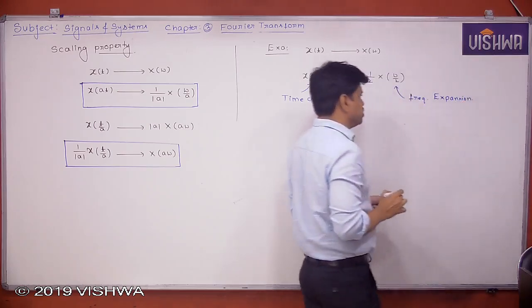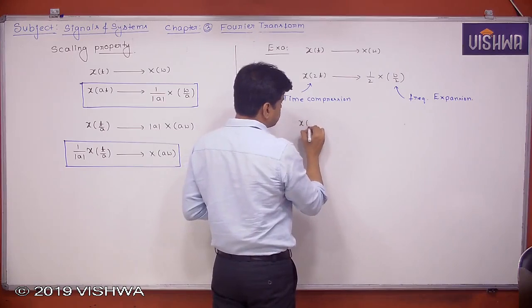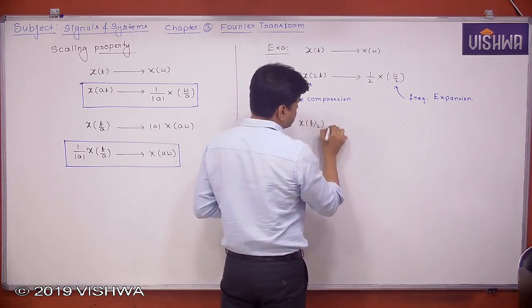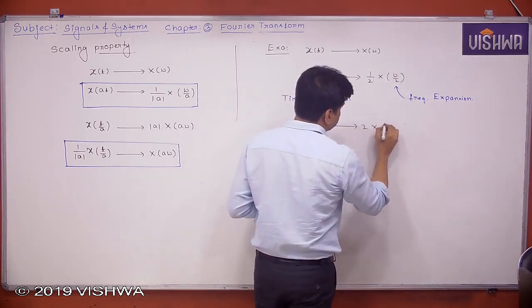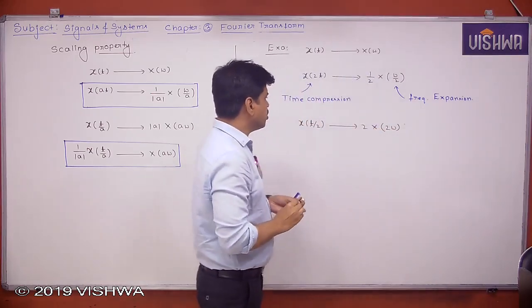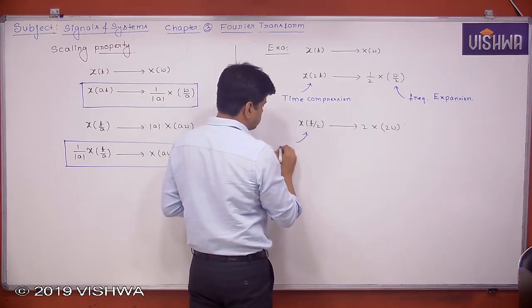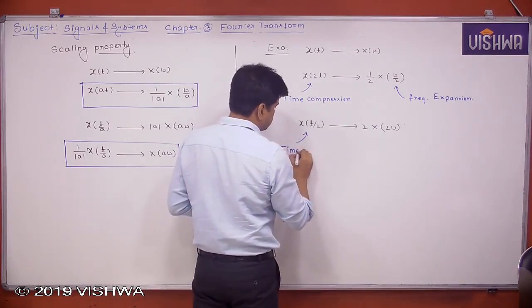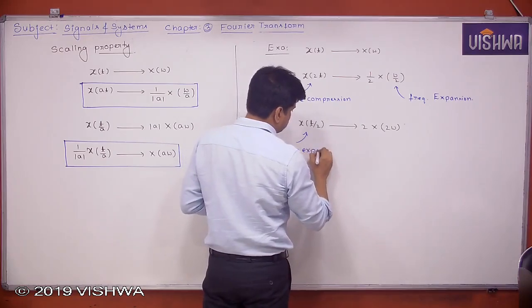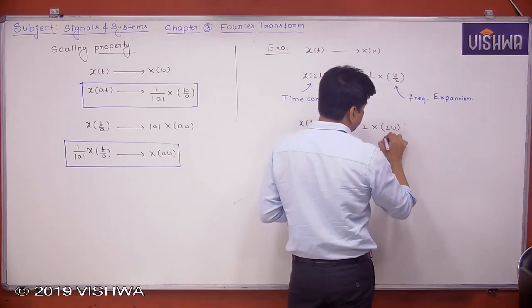Suppose I take x of t by 2, then we are going to get 2 x of 2 omega. So here, this is nothing but time expansion, and x of 2 omega indicates frequency compression.